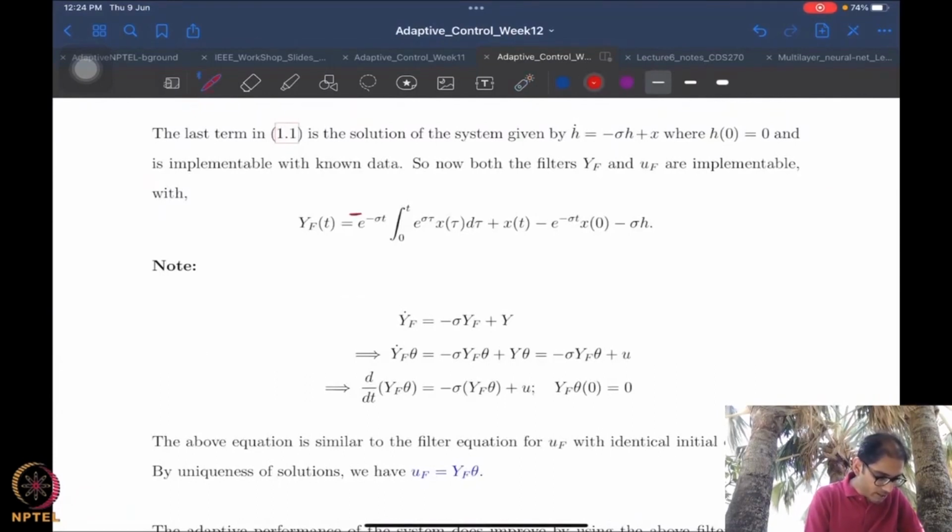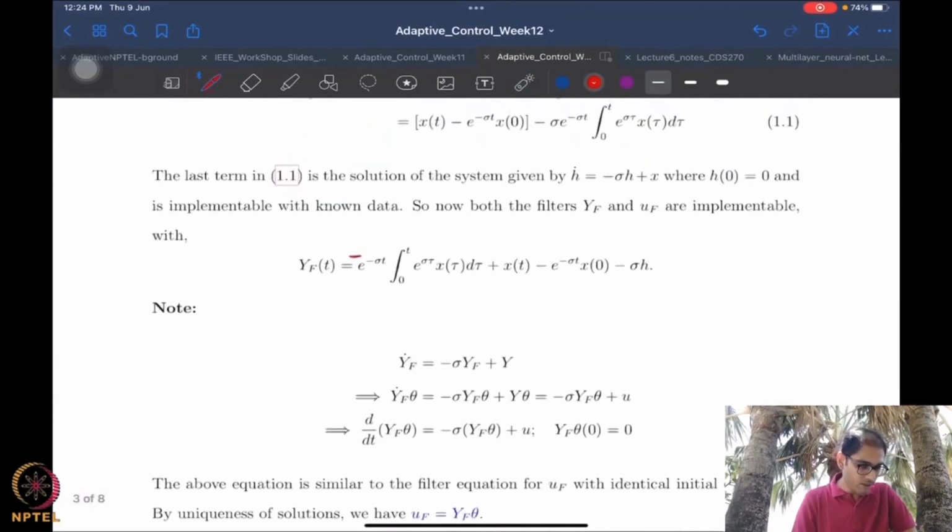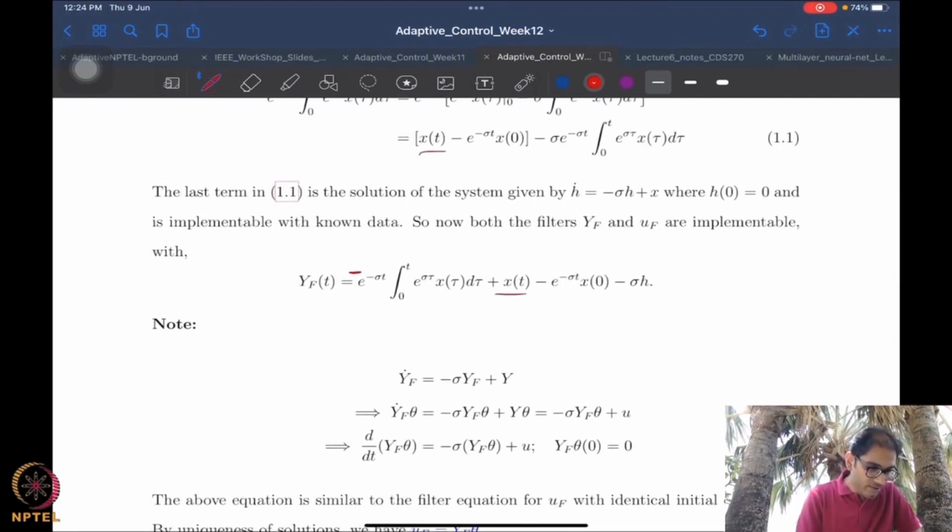So this is minus e to the power minus sigma tau, integral from 0 to t of e to the power sigma tau x tau d tau. And then you have xt from here, minus e to the power minus sigma t x0 from here, minus sigma h from here.